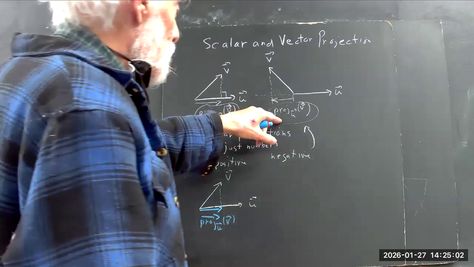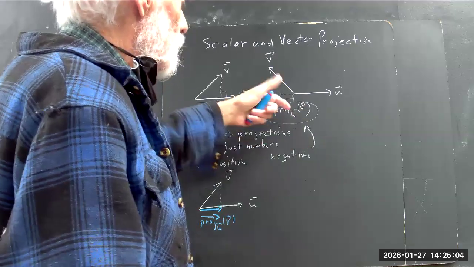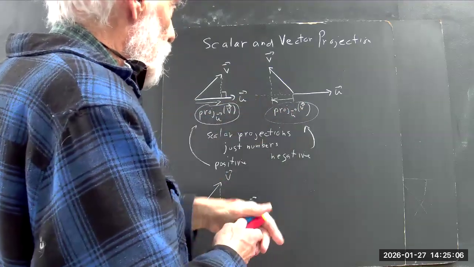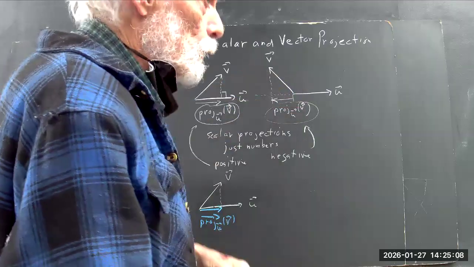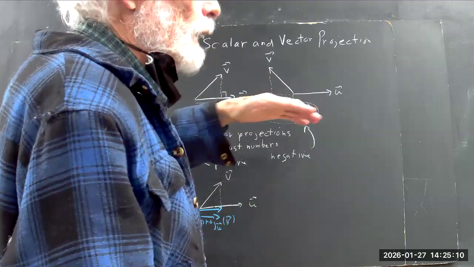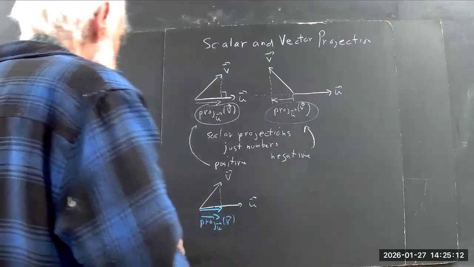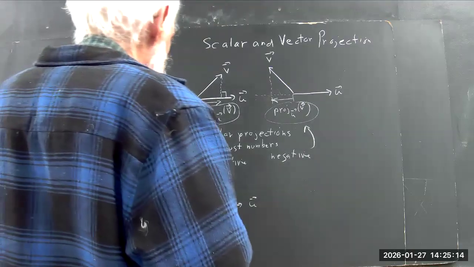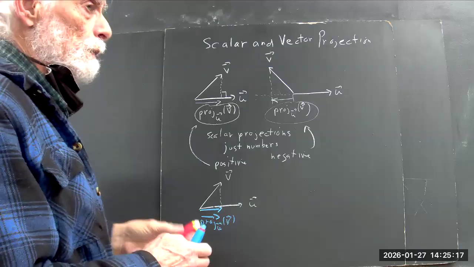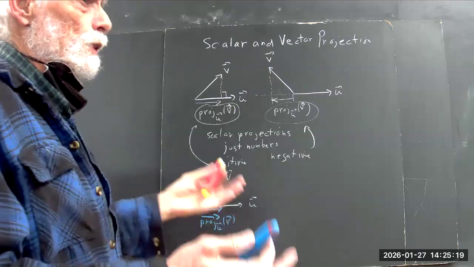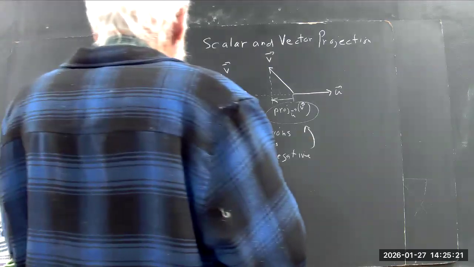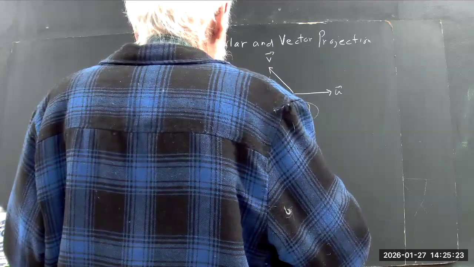In this case, the magnitude of this vector would be the negative of the scalar projection. That is, in the case where the angle between the two vectors is obtuse.